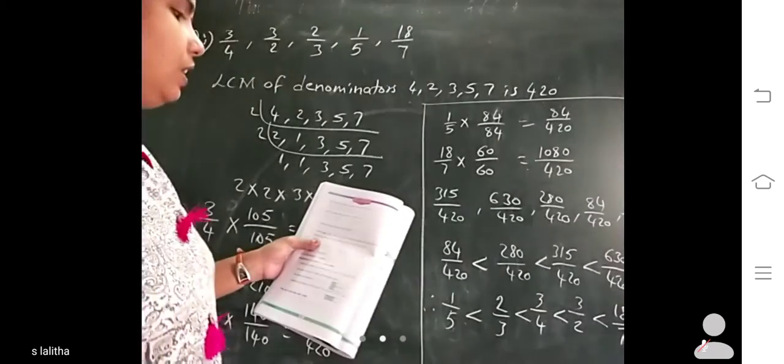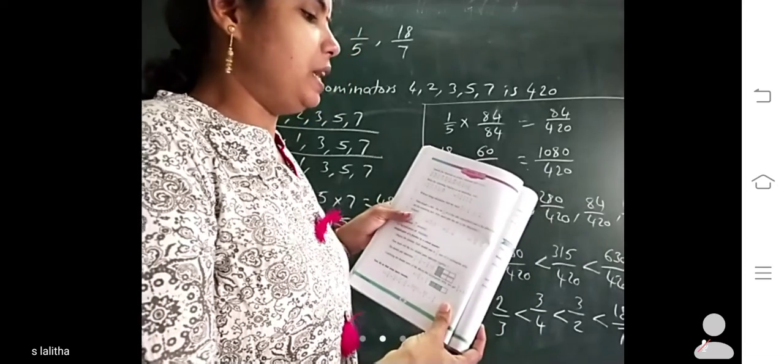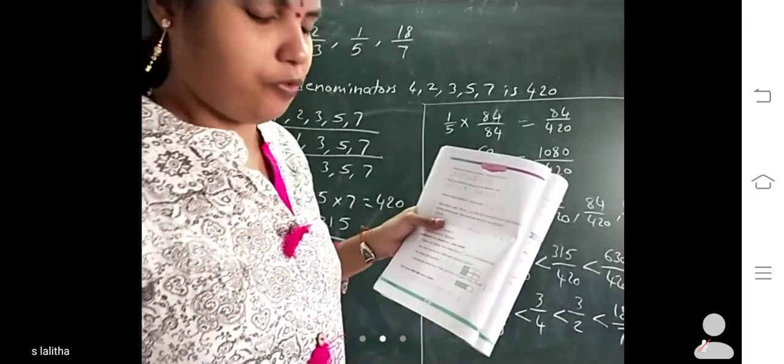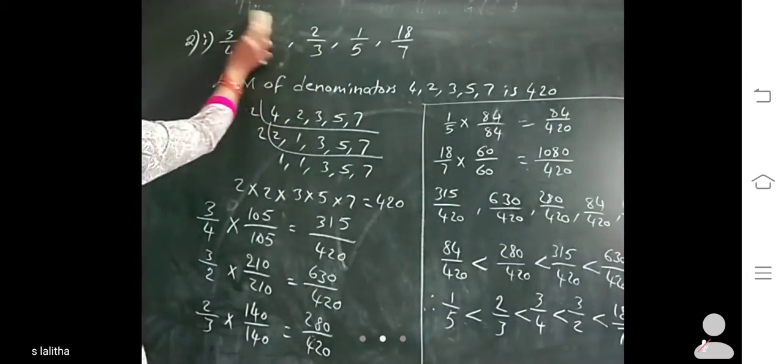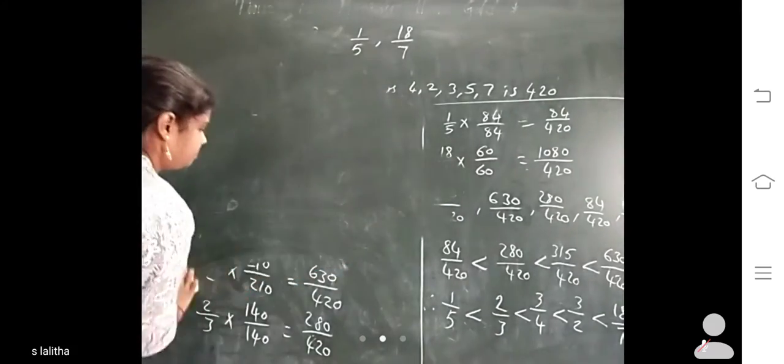Without doing calculation, find the result: 2 by 3 plus 1 3 by 4 plus 1 by 3 minus 1 by 4. So without doing calculation, you have to do this. Can you do that much?